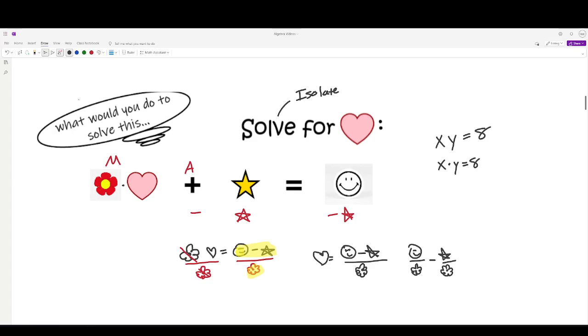These two are what we call equivalent expressions. Recognizing that those are two ways of writing the same thing is going to be really important for this section, and it's one of the most important things to really getting to higher level math.